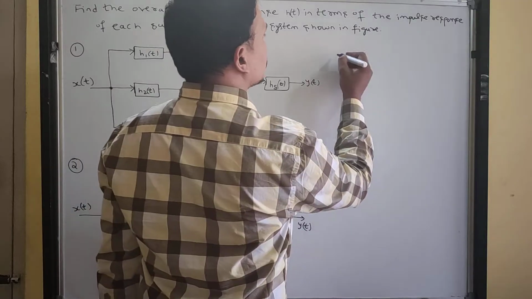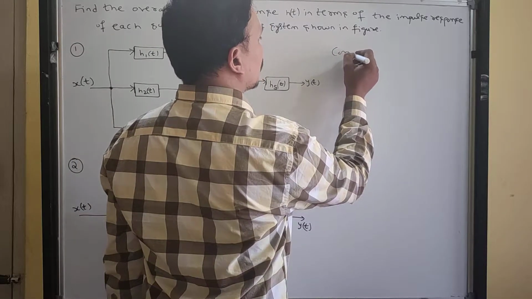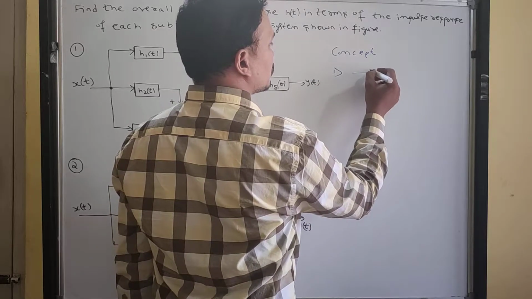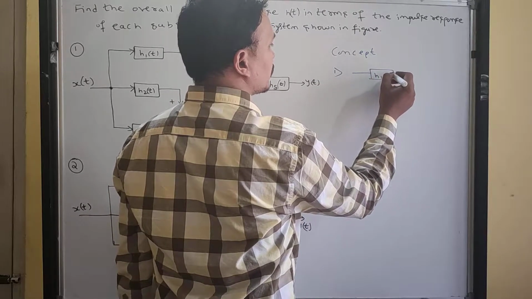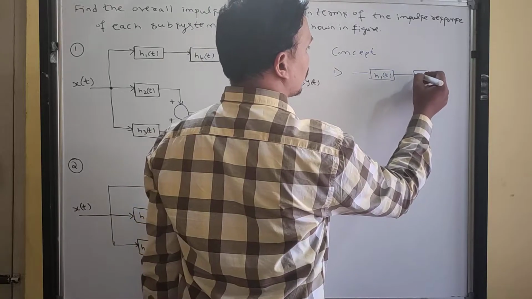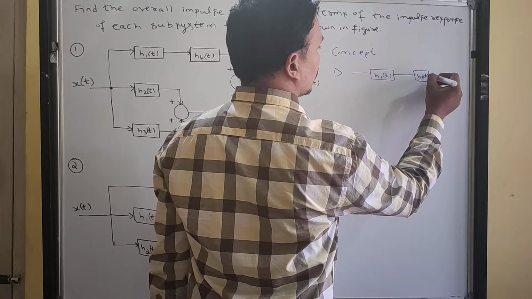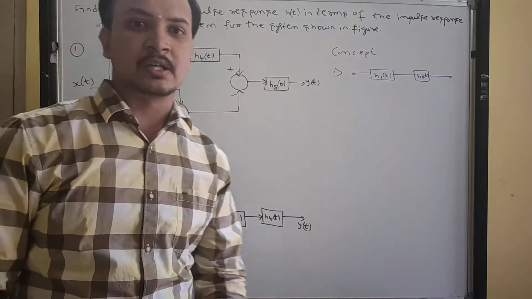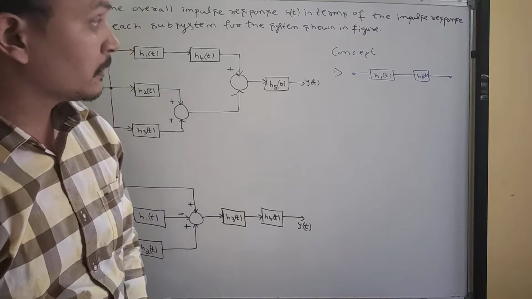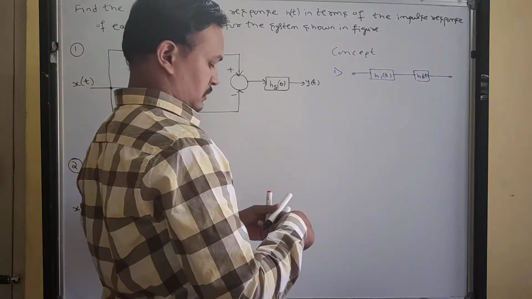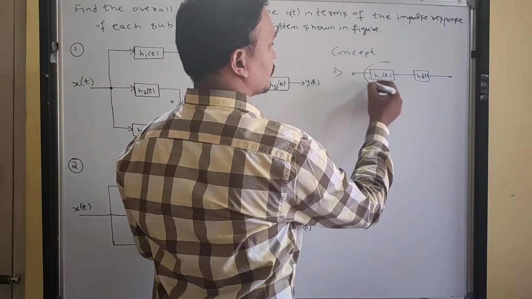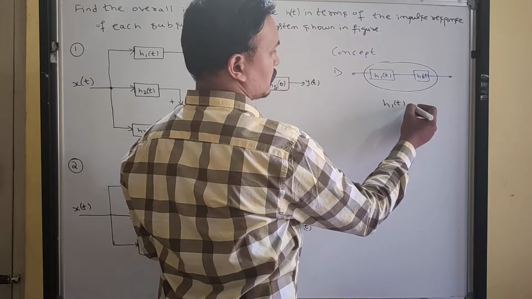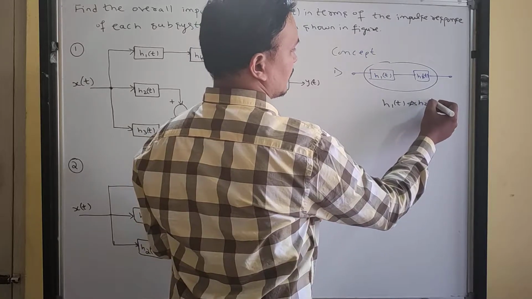Okay. See, look at here. Copy down the concept. Concept 1. When subsystems h1 of t and h2 of t are connected in series, you should write the overall subsystem like this: h1 of t convolution h2 of t.